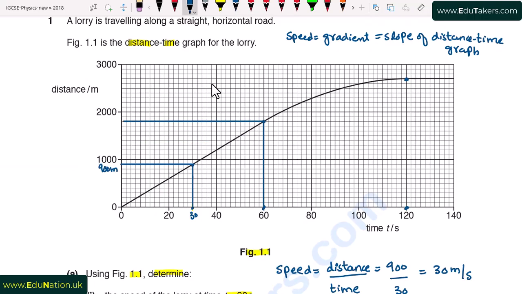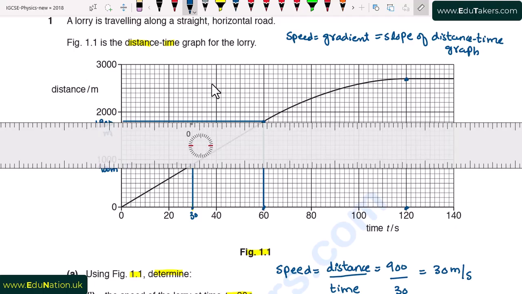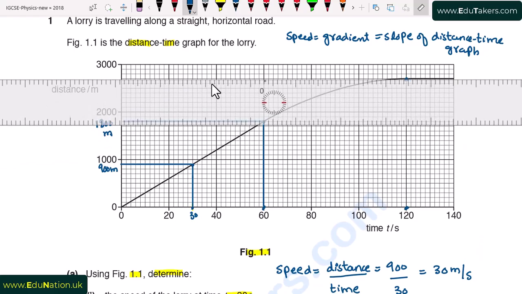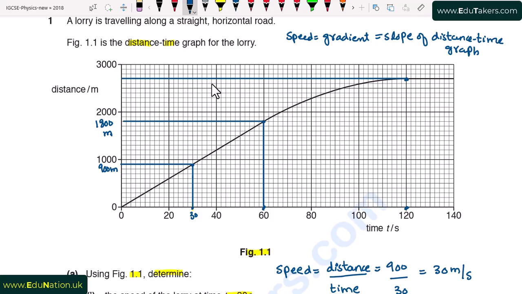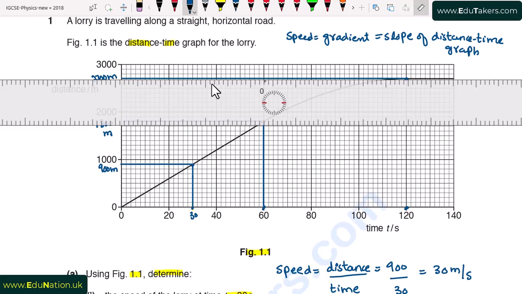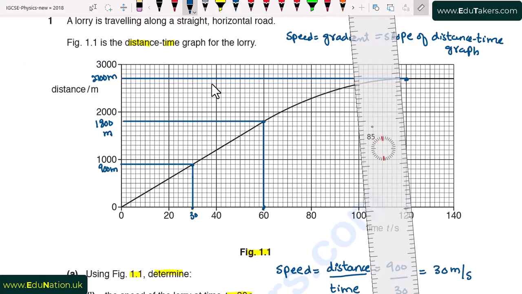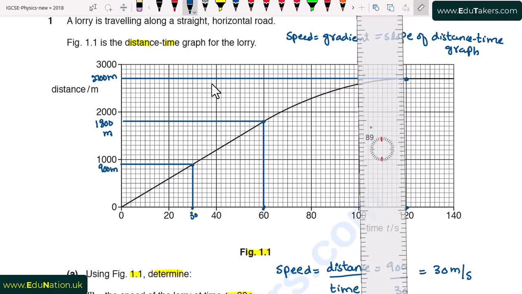So here we can see that at time t equal to 60 seconds, distance is 1800 meters, and at 120 seconds, this point meets the distance line at 2700 meters.